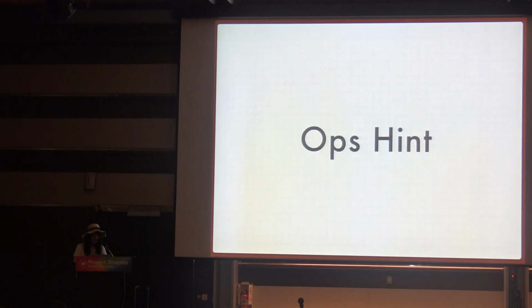Okay. So far, I introduced some intuitive techniques. Now I will introduce more formal tips for you. I call it operations hint. Use hints to let the reader know what operations it supports.